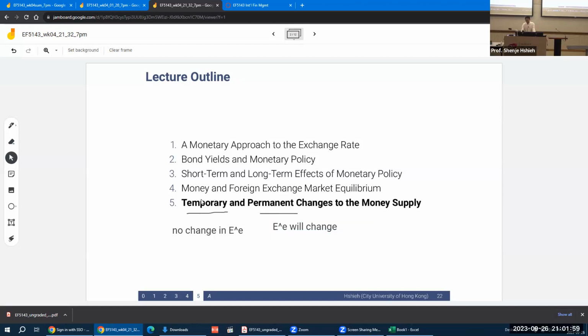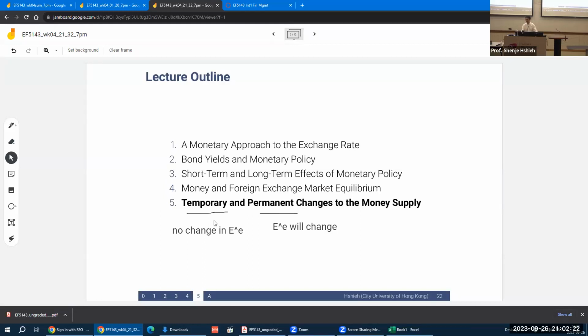So why is this the case? Well, if something is temporary-ish, that means that whatever occurred now or within the short run will be undone. So if a central bank decides to expand monetary policy, before we get into the long run scenario, that central bank will reverse that policy and therefore undo everything that it did.